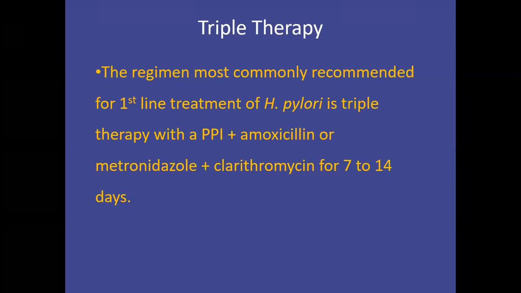Triple therapy is a PPI plus amoxicillin or metronidazole, one of them, and clarithromycin for 7 to 14 days, a combination of 3 drugs. This is followed by a PPI for 4 to 6 weeks. This is a standard therapy for H. pylori associated peptic ulcer.